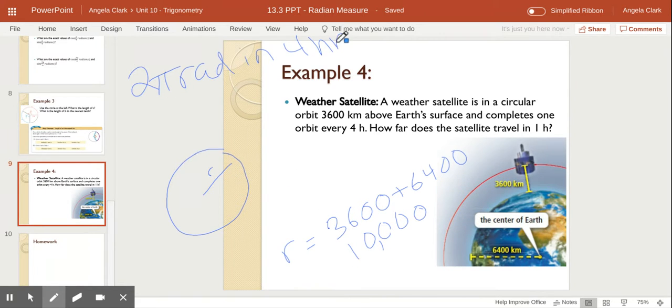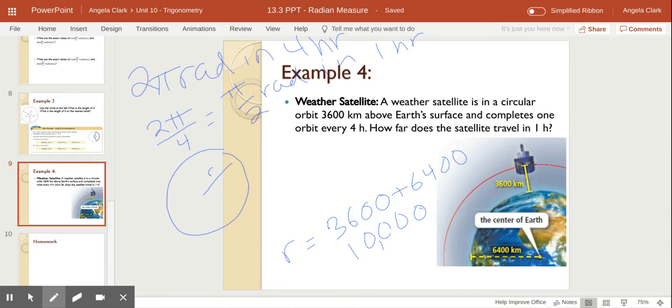And we know that it goes 2 pi radians in 4 hours because 2 pi radians is one complete orbit. So how many radians does it go in 1 hour? Well, 1 hour is 1/4 of the time. So if we divide by 4, 2 pi divided by 4 is pi over 2 radians in 1 hour.